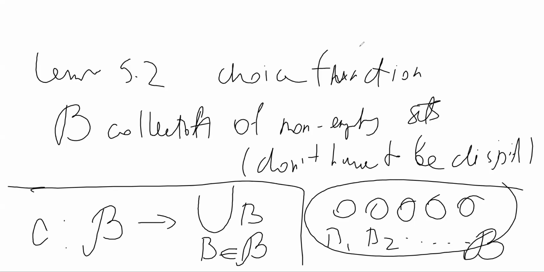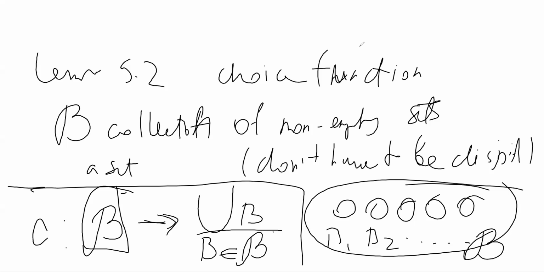And basically, this is us choosing a set, and the image, notice, is not a set, it's an element of one of the sets. So it's a function in which you input a set, but the output is an element from the union of all this collection of sets, right? And this we call a choice function.